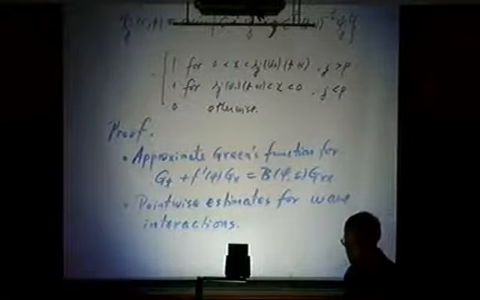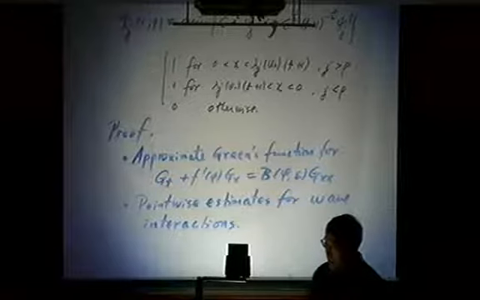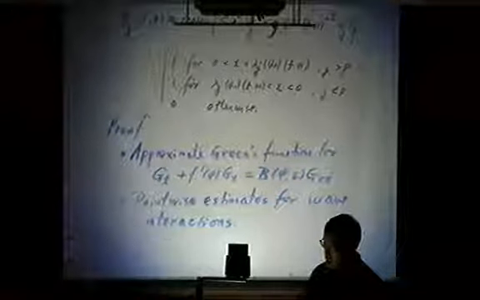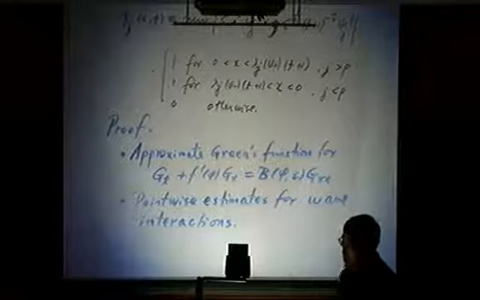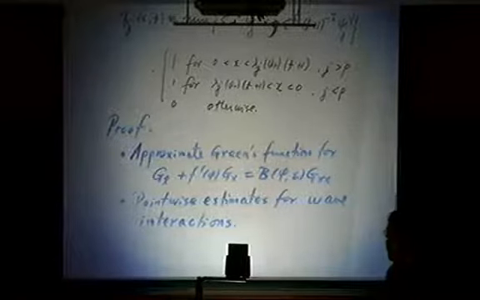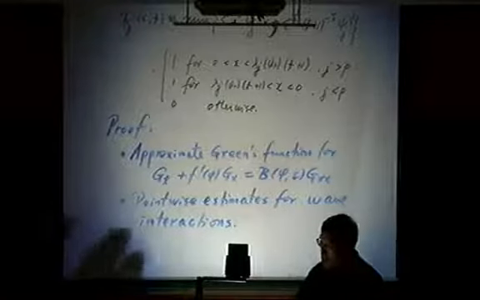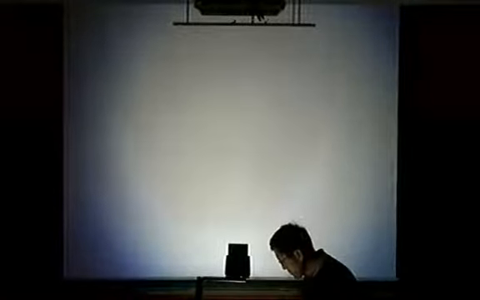The latest thing is only finishing. Okay, so one is to approximate the Green function for the shock wave and use pointwise estimate to control the interaction. Okay, so this is reference, let me skip that.